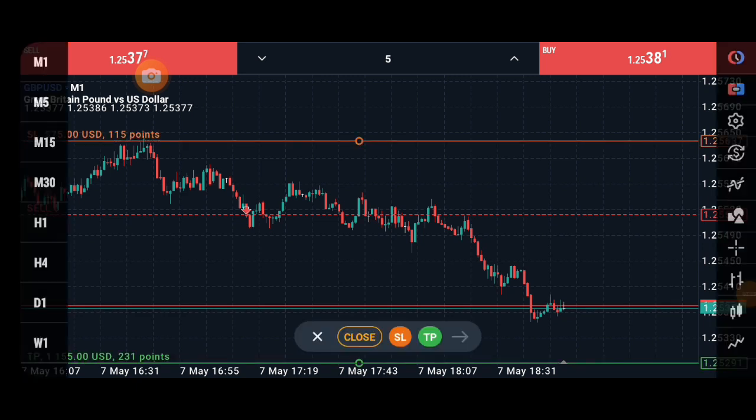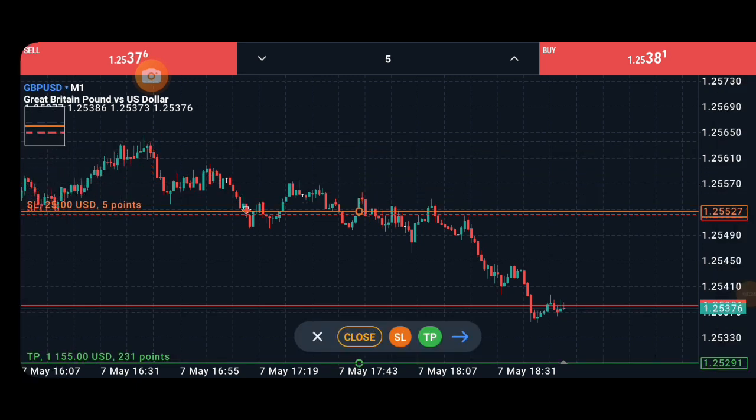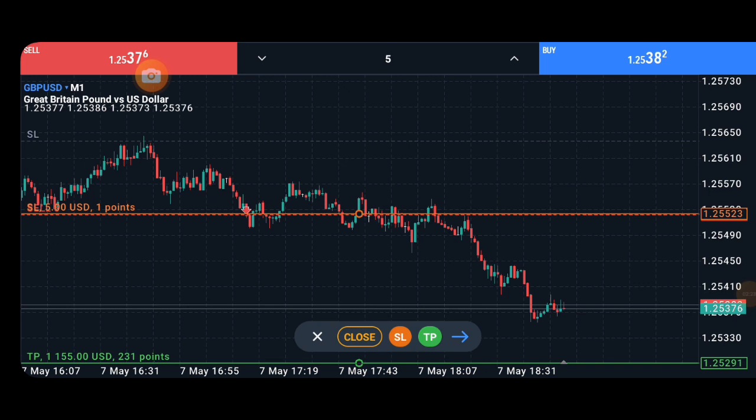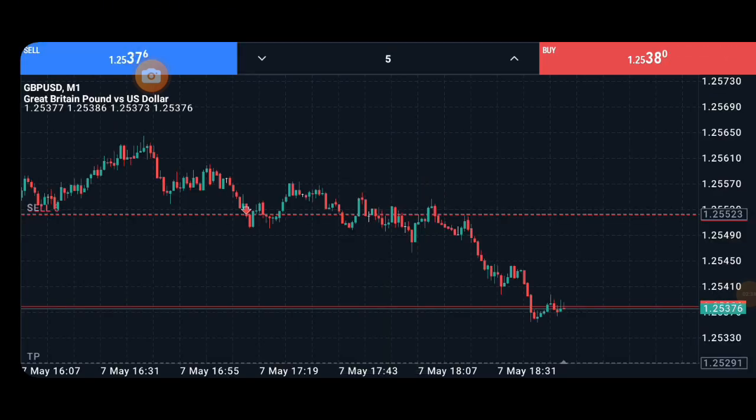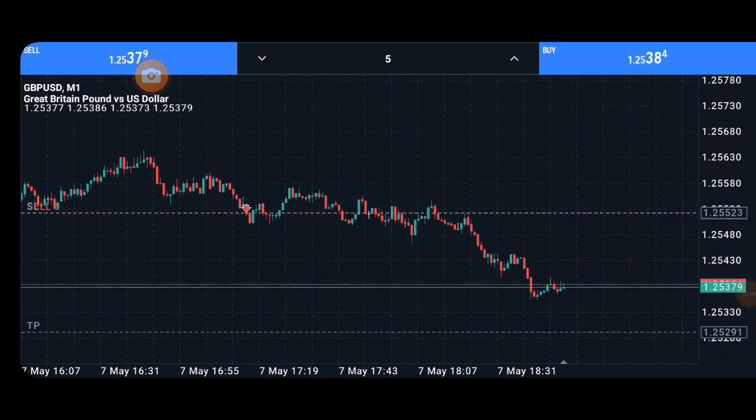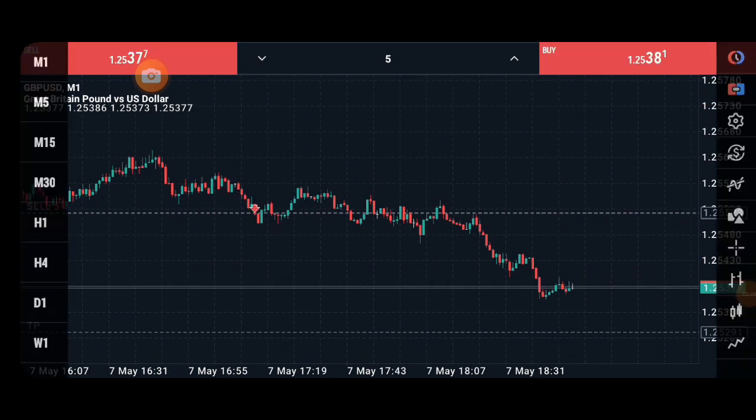So I'll move the stop loss to our entry level, ensuring that's for GBP. For GBP, we are almost at the TP.